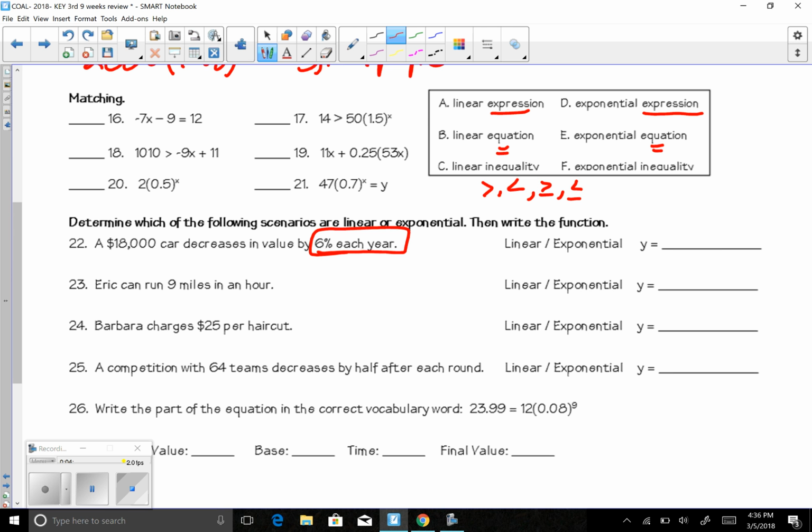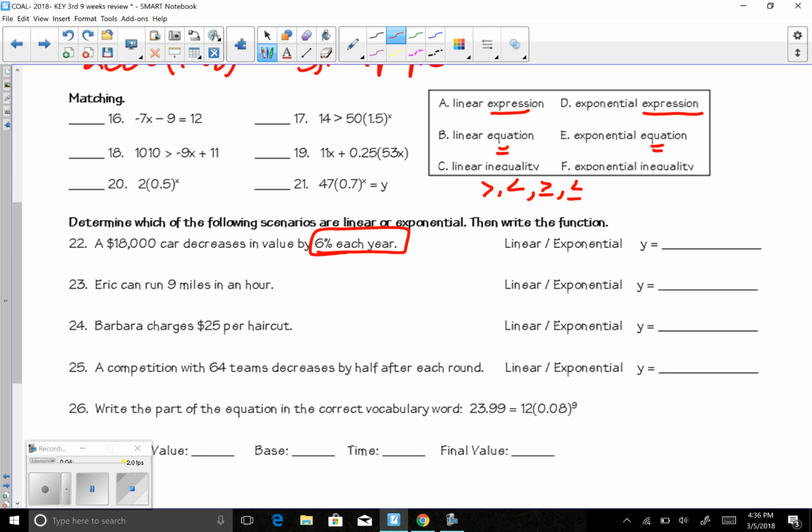So like if you go to the store and you buy a shirt or a pair of shoes and you get a discount, that happens one time, so that's linear. When your taxes come out of your paycheck, that's a one-time thing. But like the value of a car, it depreciates every year.